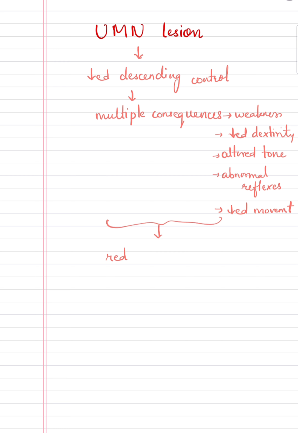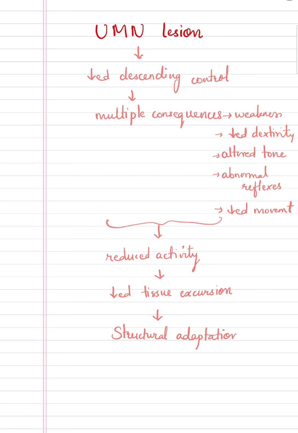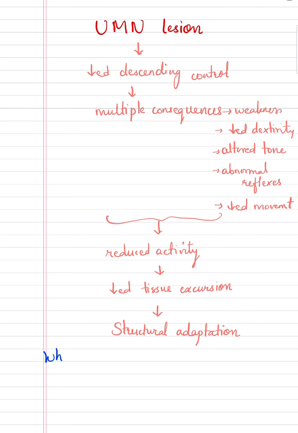And finally, all these consequences will cause reduced motor activity, leading to reduced tissue excursion. And this is what causes structural adaptation. And once structural changes develop, the movement limitation is no longer purely a neurological phenomenon.